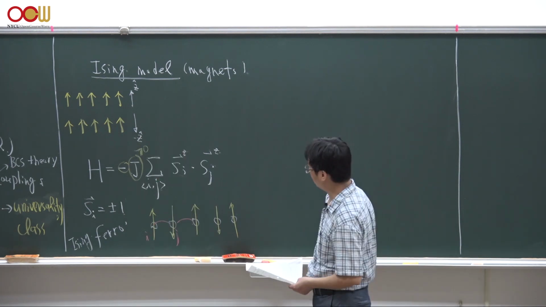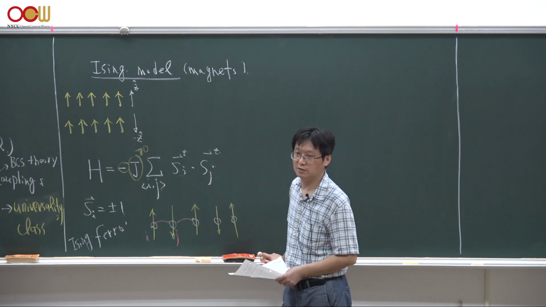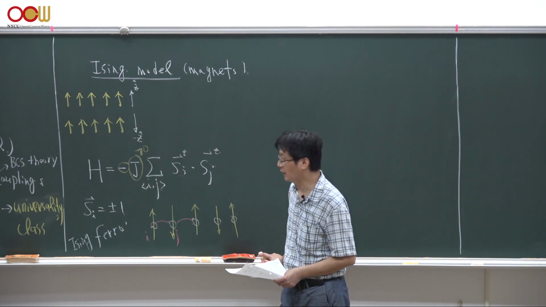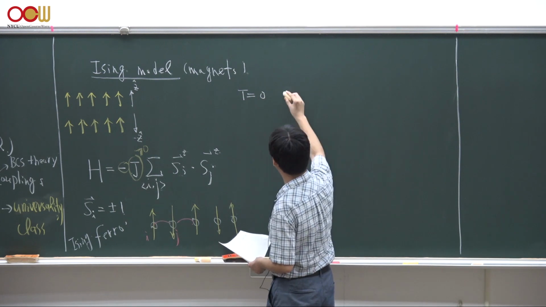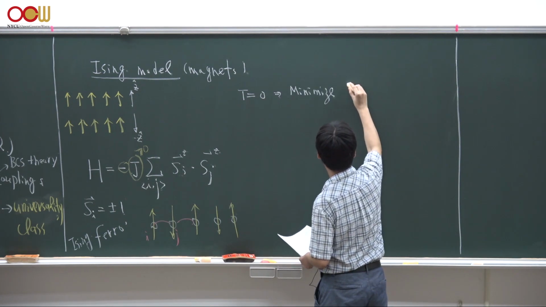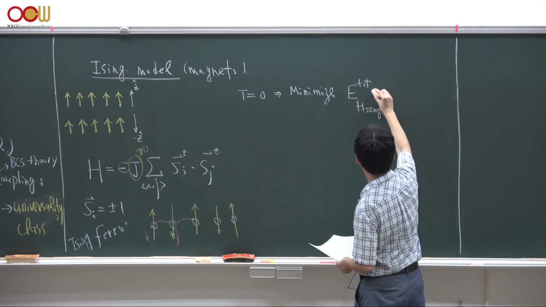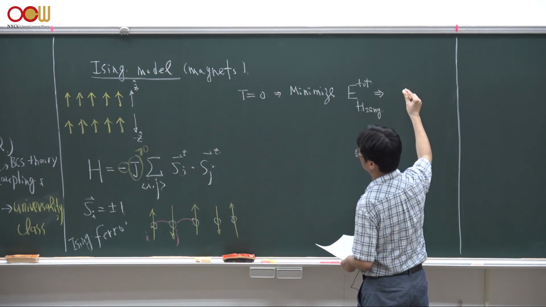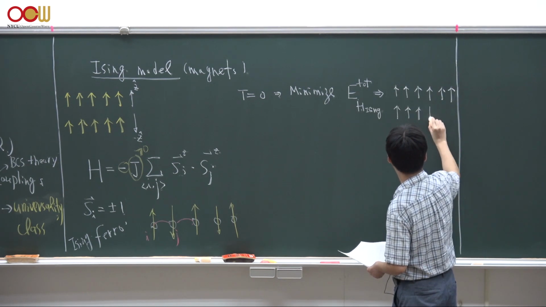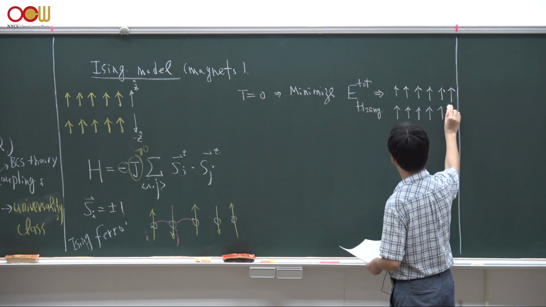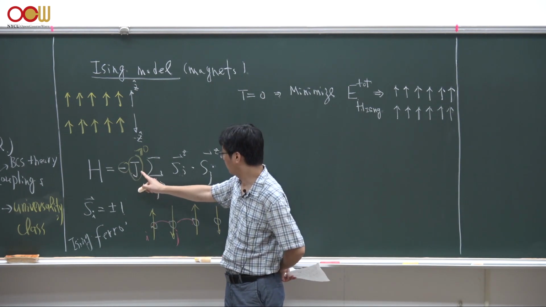And it is very simple to understand why the ground state of such a Hamiltonian is the Ising ferromagnetic state. It is because when the temperature becomes 0, we need to minimize the free energy of this Ising system, and the obvious solution is that all spins are parallel to each other, either pointing up or pointing down, because there is a minus sign here and J is positive.